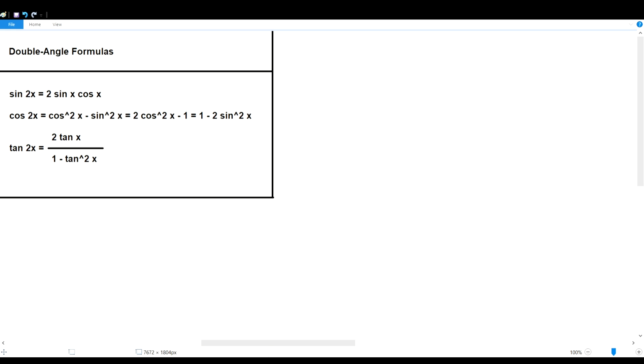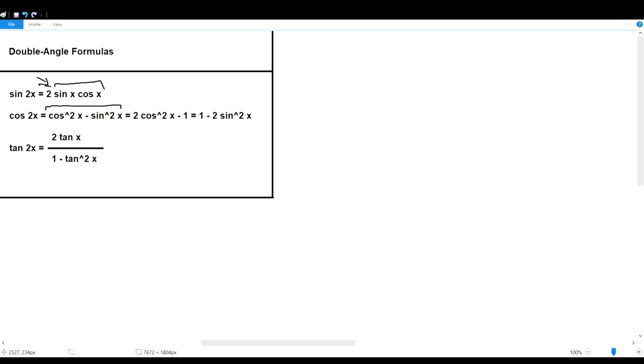A lot less memorization for these, but there's not as much of a system to remember it. So the sine of 2x, you take that 2 out. So the 2 is going to be out. And then you have sine x times cosine x. So pretty simple. Now for the cosine of 2x, it's a little different. So you could turn it into a bunch of different things. You could either make it the cosine squared of x minus sine squared of x. This one is particularly useful in a lot of solving problems.